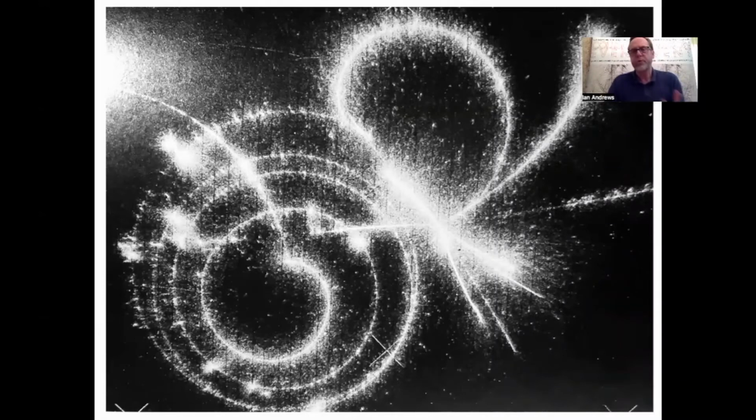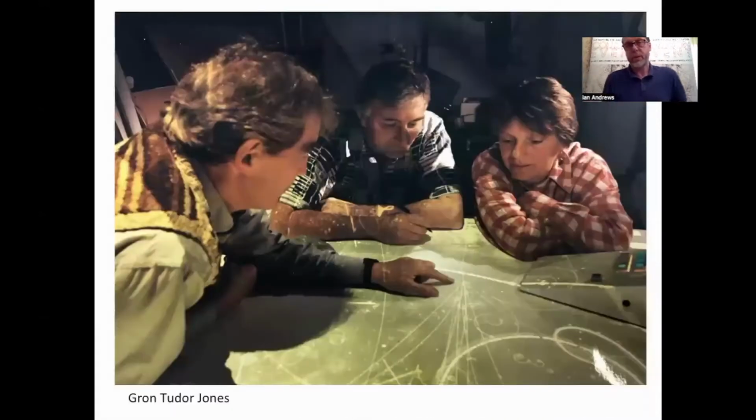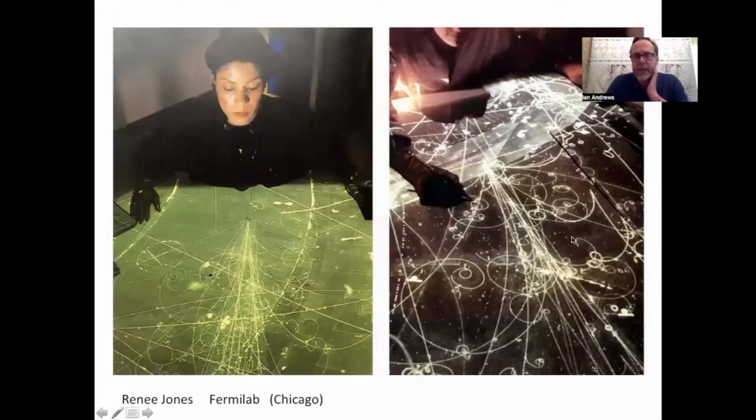And one of the privileges I had when I was resident at the University of Birmingham was meeting additional people. This is Gron Tudor Jones, who had a collection of historic bubble chamber images. This is him in his younger days, analysing a series of traces. And these are the traces that were produced on the early images, which could all be decoded.